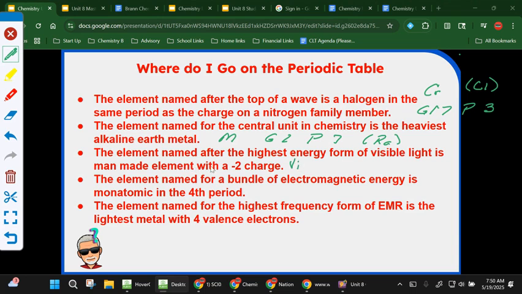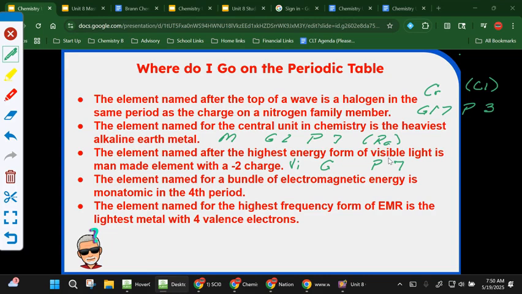Is a man-made element with a charge of -2. So which one of those is telling us a group or a period? What period? 7. Man-made is period 7. There at the very bottom of your periodic table, starting with the third element from the left.